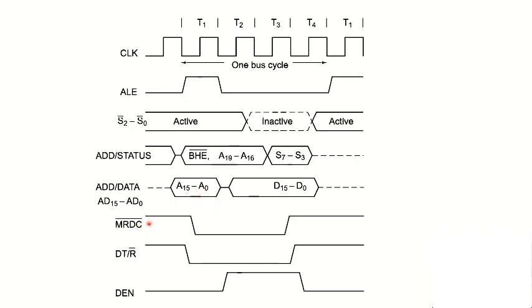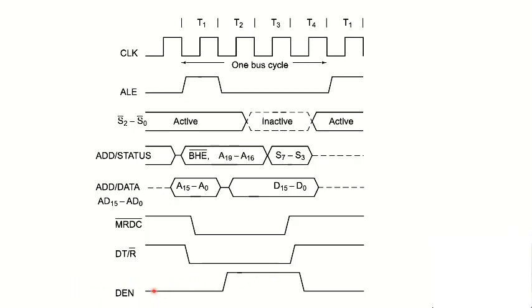Then we have to read, so the memory read signal goes low. This shows the read operation. Whenever we perform a read operation, MRDC will be low, because this denotes the memory read cycle. At this time the microprocessor is receiving the data, so obviously DT by R bar will be low. DEN will be 1, because this is an active high signal.